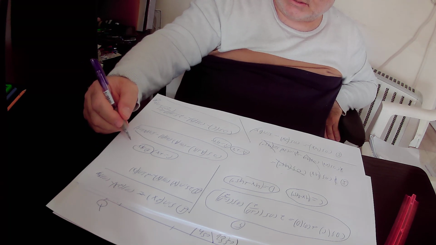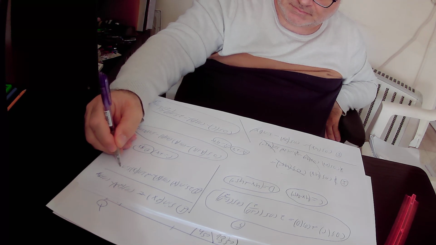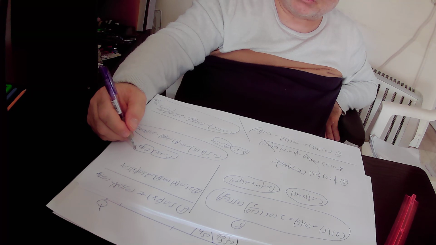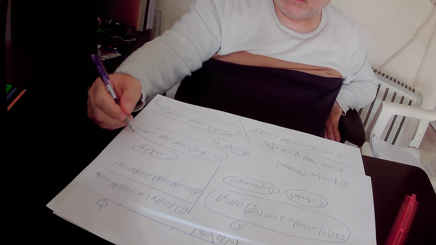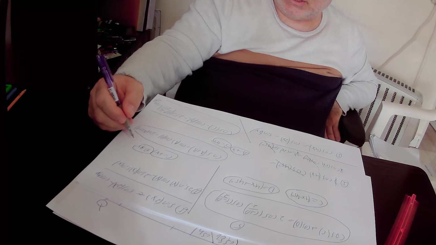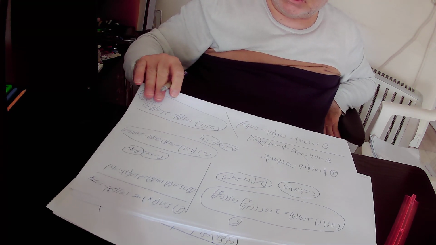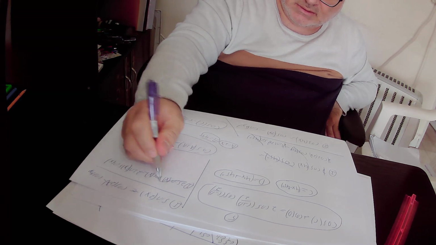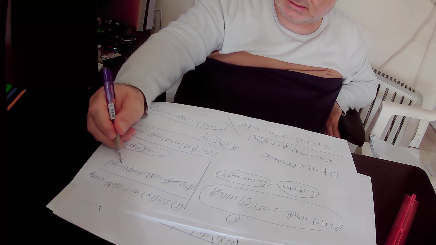Times sine D minus C over 2. D is 4x, C is 2x, so 4x minus 2x is 2x, and 2x over 2 is x. So here we will divide equation number 1 by 2 sine x. So 2 sine x will get cancelled here, and 2 sine x will get cancelled.